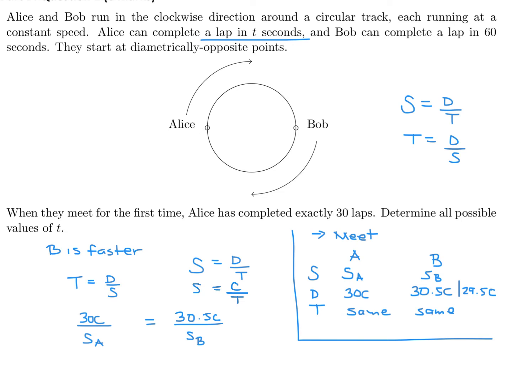So that's the speed of Alice, just c over t, where c represents the circumference. Now the speed of Bob, in a very similar way, we can figure out. They're saying Bob is completing a lap in 60 seconds. So he would be c over 60. So there you go, there's SA and SB.